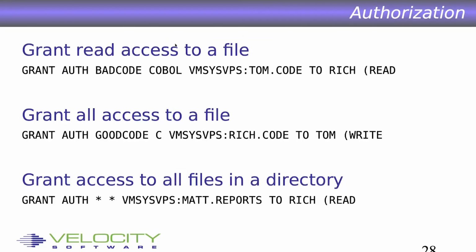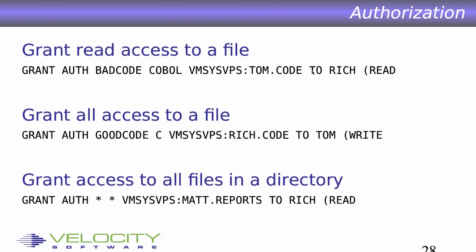So read access to a file is granted like this. With grant auth, the first two parameters are the file name and the file type. The next parameter is the directory name, where that file exists.